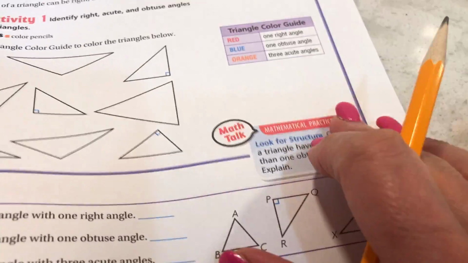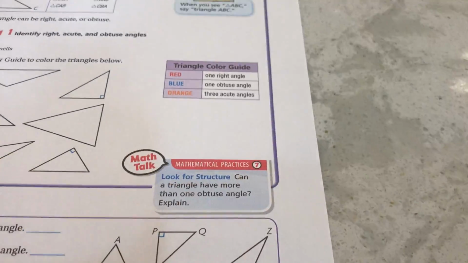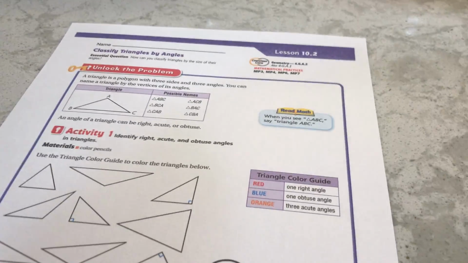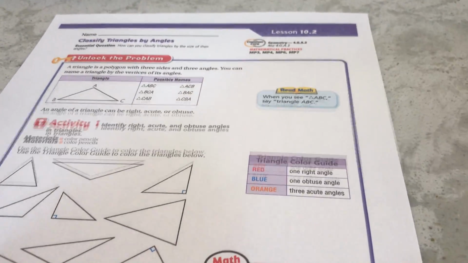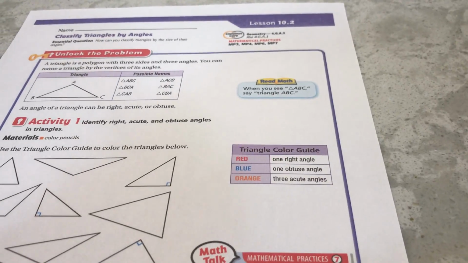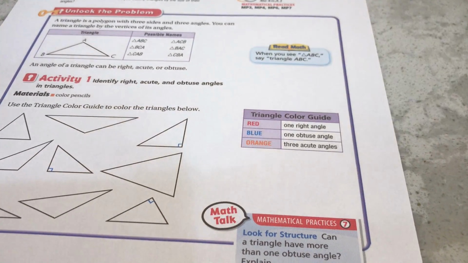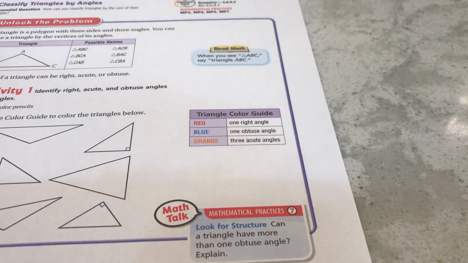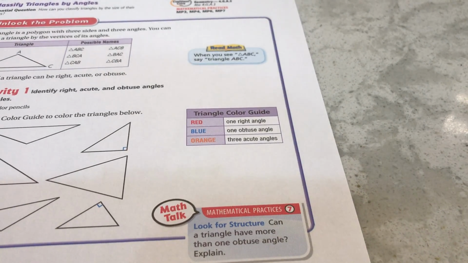Quickly, let's look at 10.2. 10.2 was classifying triangles by angles. So again, we know that an acute angle is smaller than 90 degrees. You have a right angle, which is 90 degrees. And then you have the big boy, the obtuse.